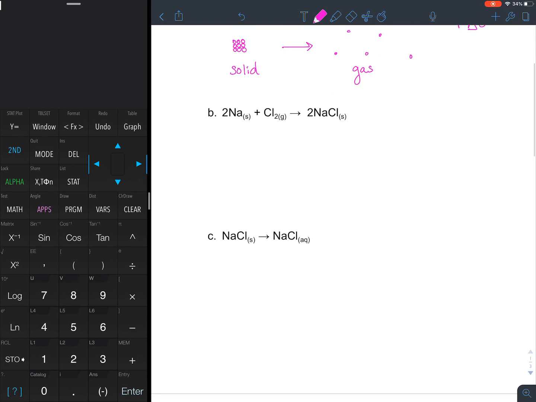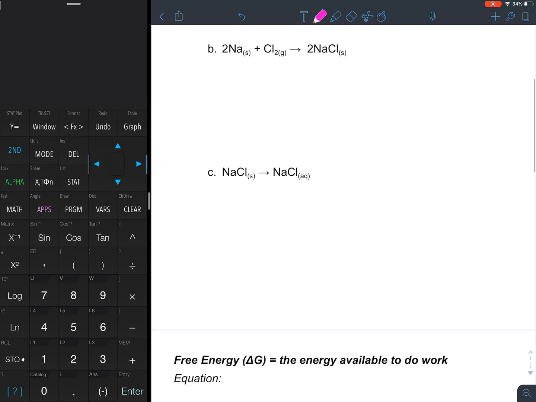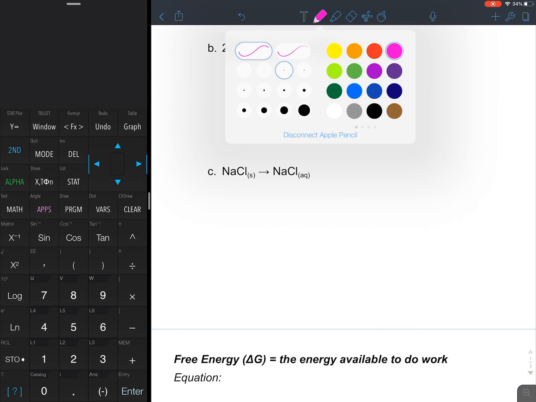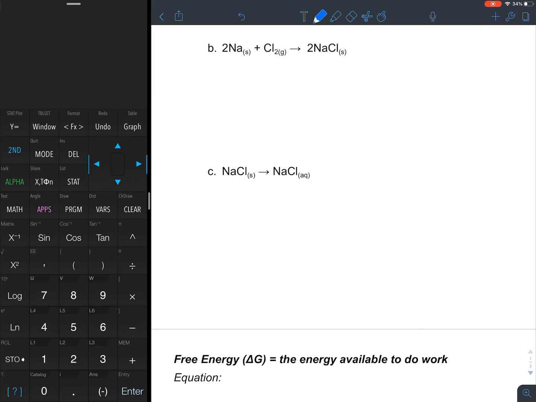All right, in the next one, we have sodium and chlorine gas. So solid sodium and chlorine gas are being reacted to form sodium chloride, which is a solid. And so what we have is two sodiums on the left side. So I have a sodium and I have another sodium. And we're kind of doing this particle diagram, and then I have a Cl2.